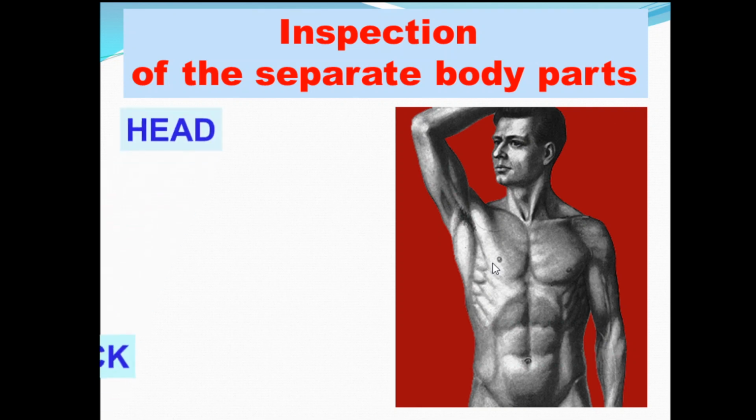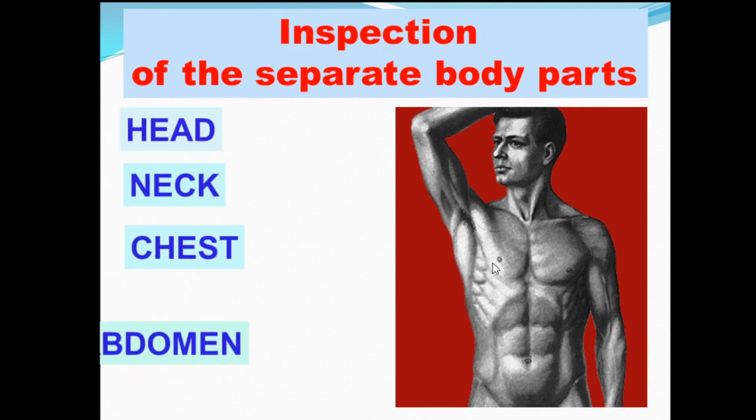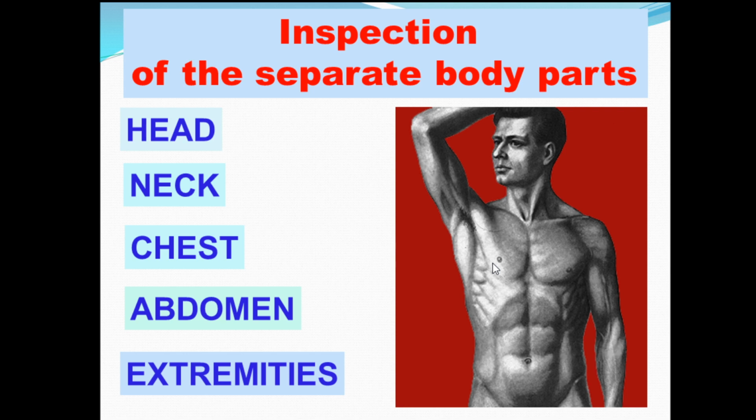We finish inspection of the whole body, as it was general inspection, and stop on the inspection of separate body parts, which must be made in a definite order, which you see on this slide. Today I'll stop only superficially on this information, because I'll give you more full information when we study some body systems.